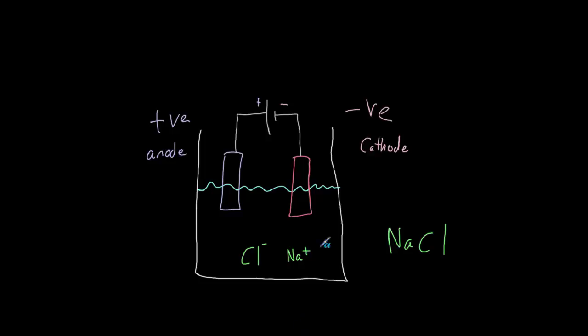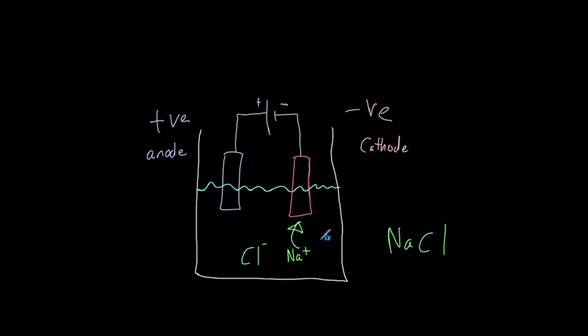Now sodium has a positive charge on it, and you know that opposite charges attract, so sodium will be attracted to the cathode or the negative electrode. In this molten form, the sodium ions will travel towards the cathode and they will stick to the surface.